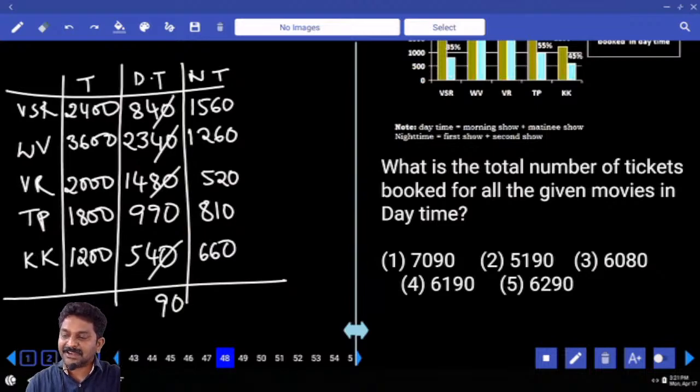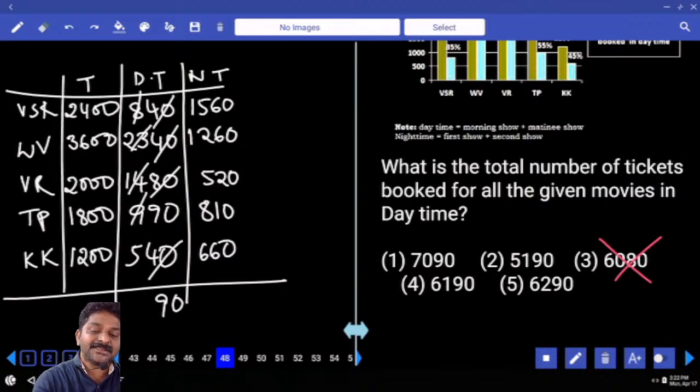That means the answer must end with 90. We could eliminate only one option. How much carry do we have? Alright. 2 plus 8, 10 plus 23, 33. 33 plus 14, 47. 47 plus 9, 56 plus 5.